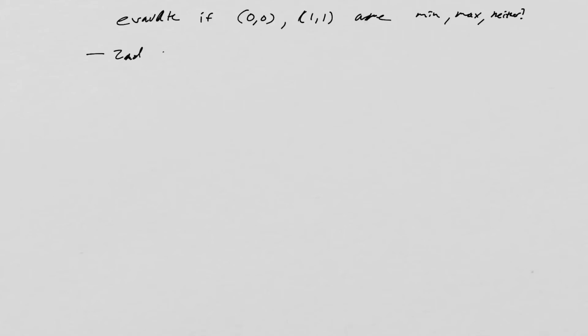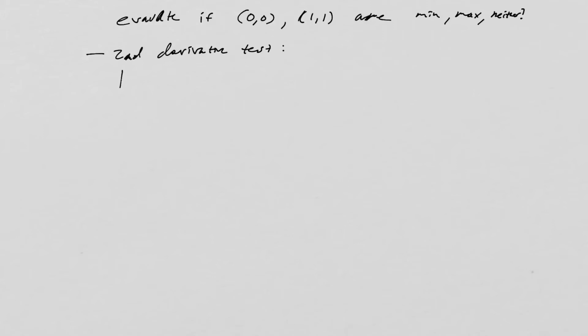The next stage is, of course, to evaluate if 0, 0 and 1, 1 are min, max, or neither. All right, so this we have to evaluate through the second derivative test.